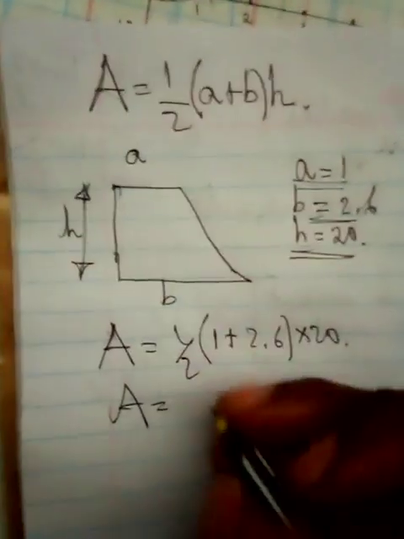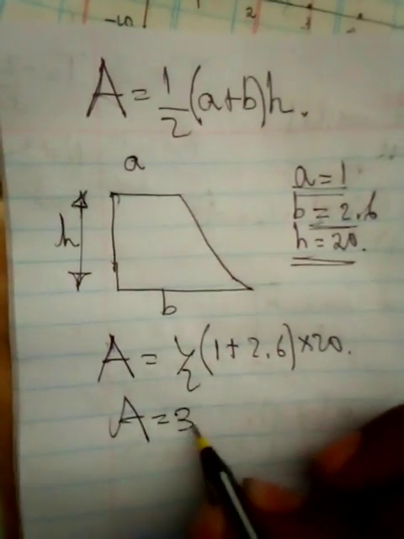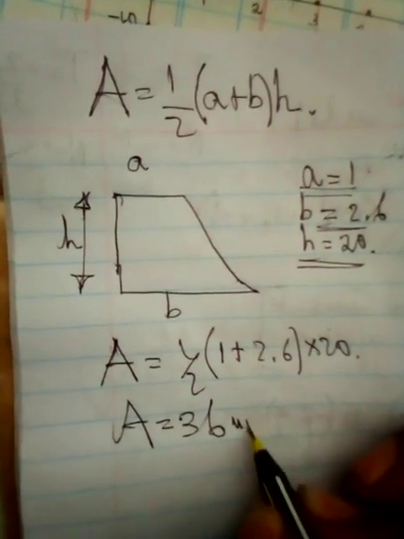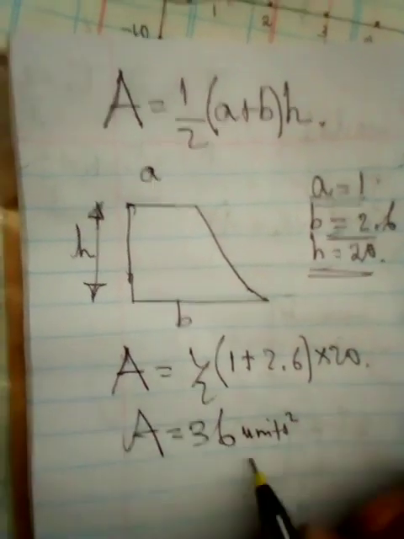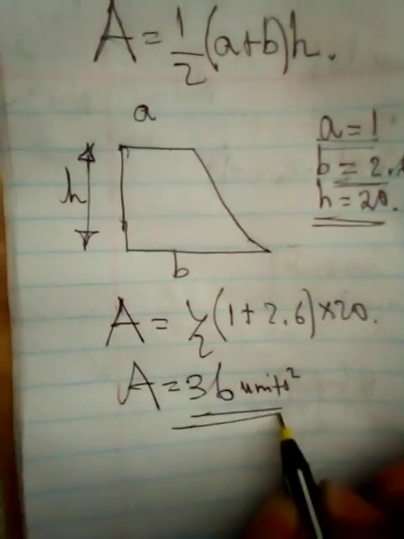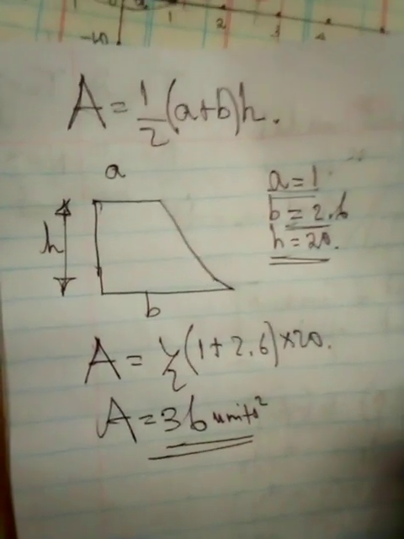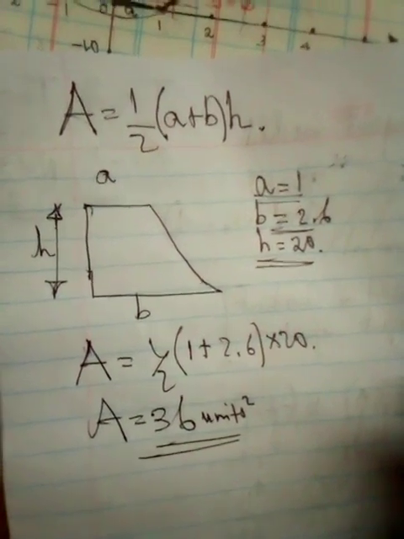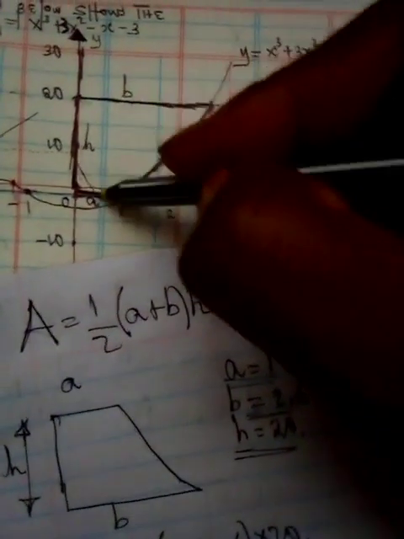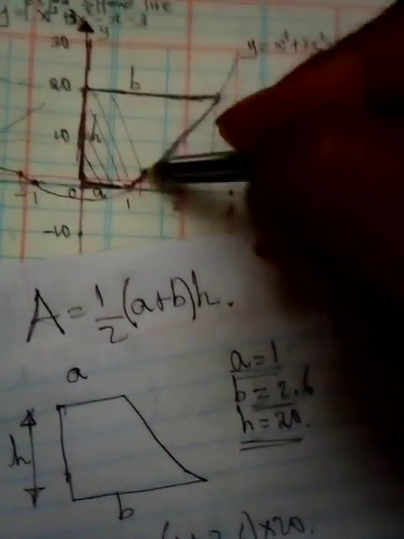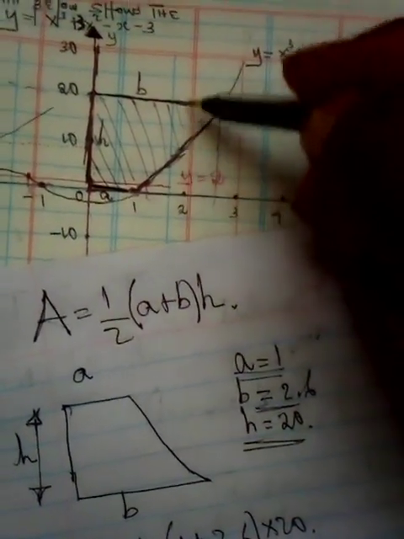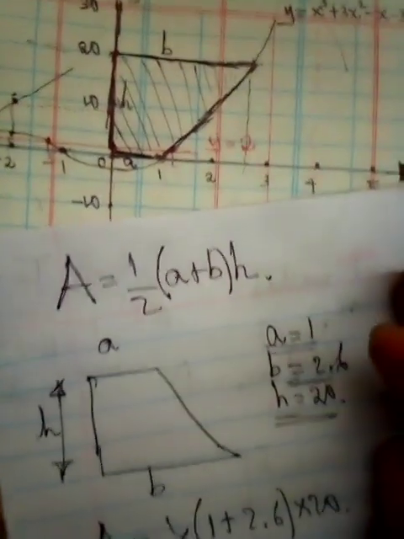Then it's just going to be 36 units squared. And that's it. You have determined your area.